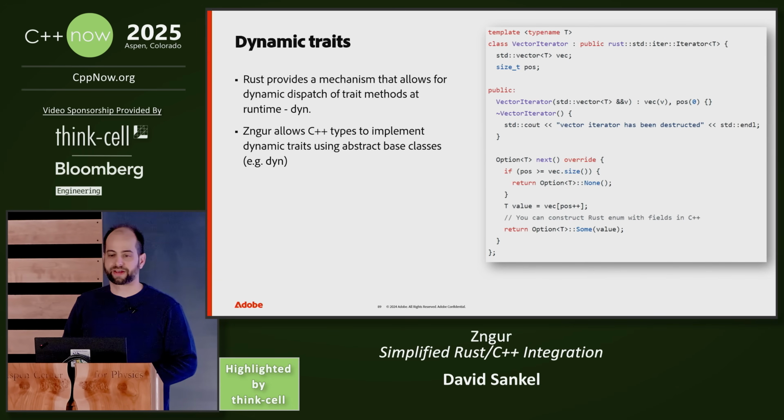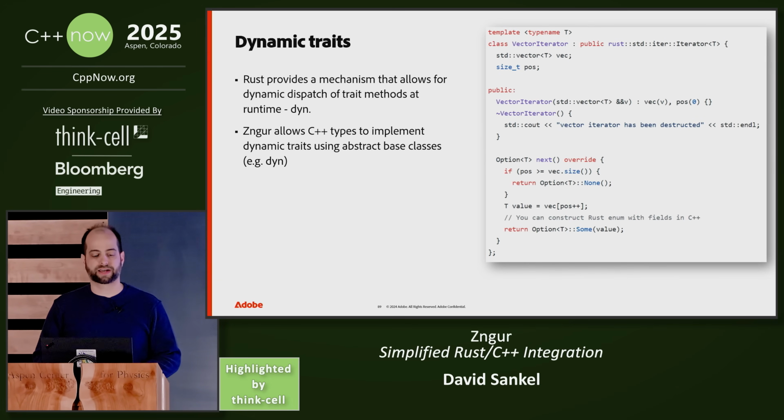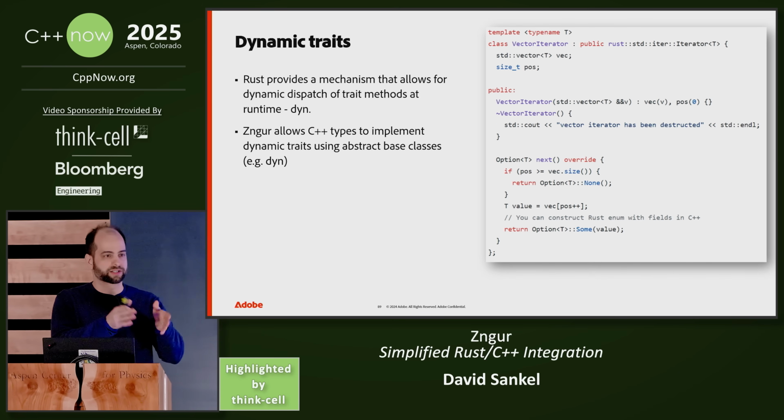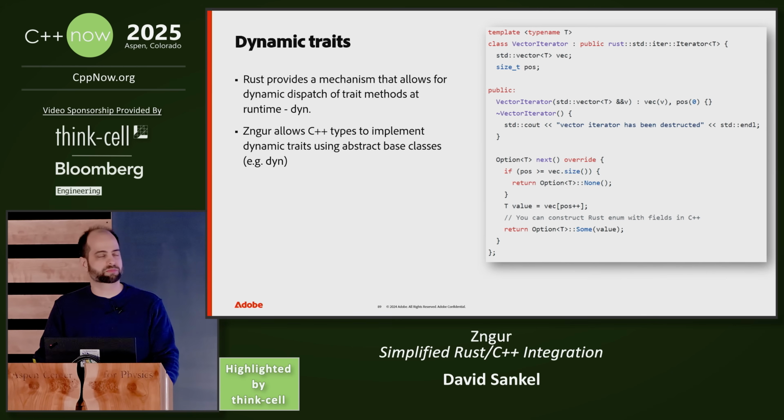Zngur also provides this idea of dynamic traits that can go across. In Rust, you can create a trait for something, but you can also make a dynamic dispatch version of that trait by putting dyn in front of it. That gives you something like abstract base classes in C++.